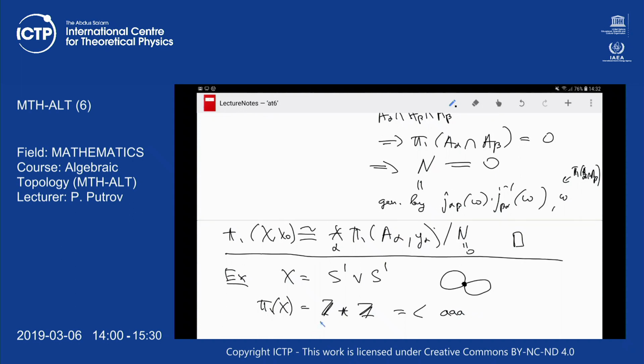So if this is generated by A, and this is generated by B, this contains, to be precise, words like A, 1, B, 2, 3.